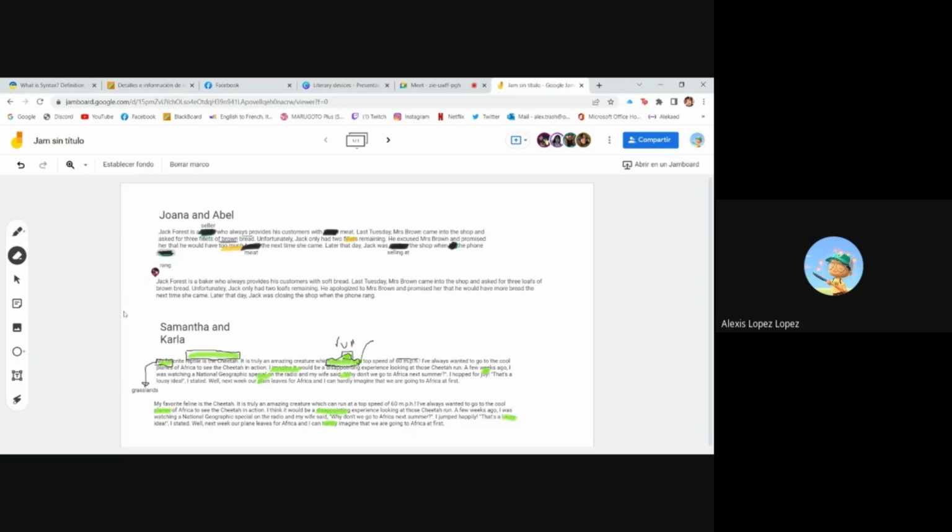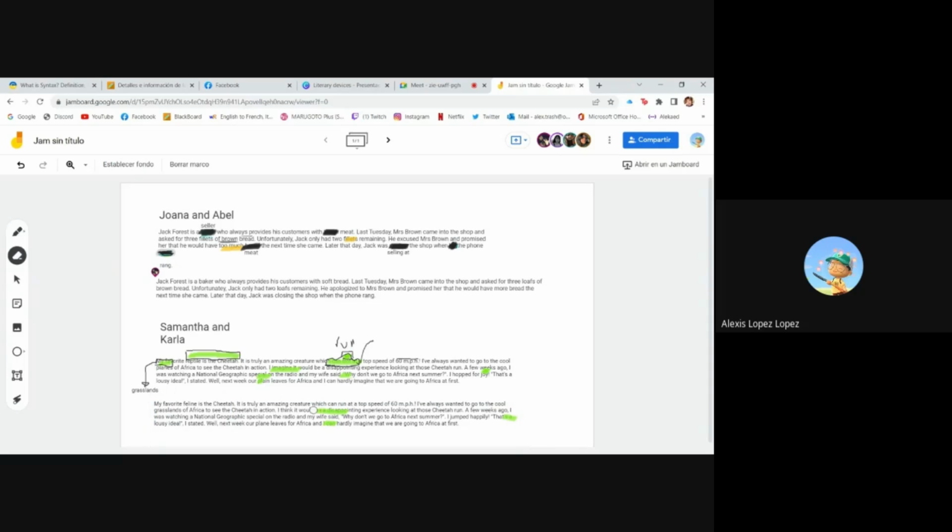Okay, so let's change this word for, I apologize, grass, oh, sorry, grasslands of Africa to see the cheetah in action.